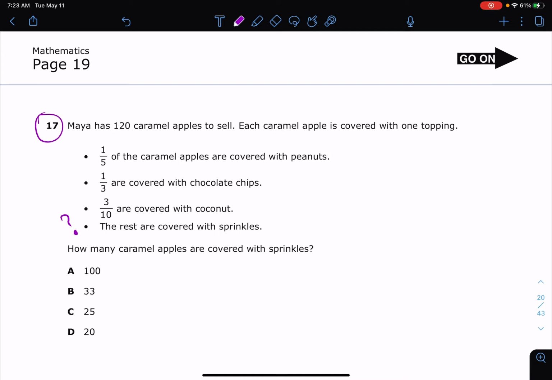What we do here is they tell us how much each apple has. Nos dicen cuántas tienen las manzanas, de qué tienen. The first one for peanuts, para cacahuates, 1/5 of the apples, 1/5 de las manzanas tienen cacahuates. They have peanuts.